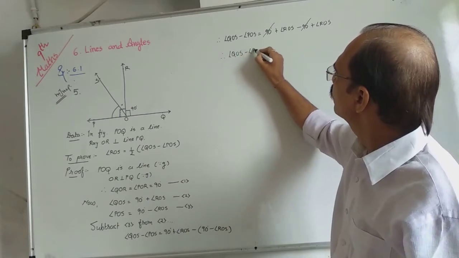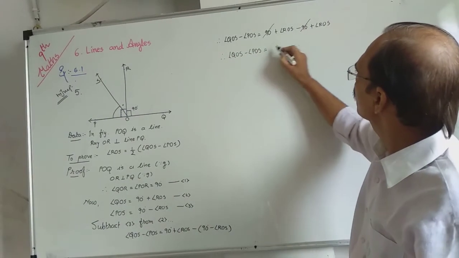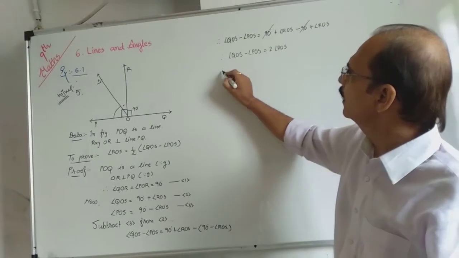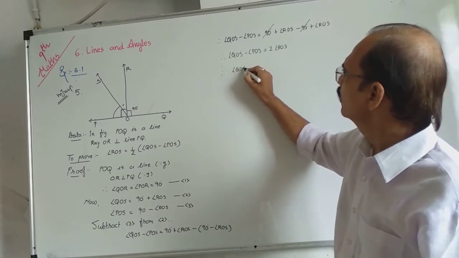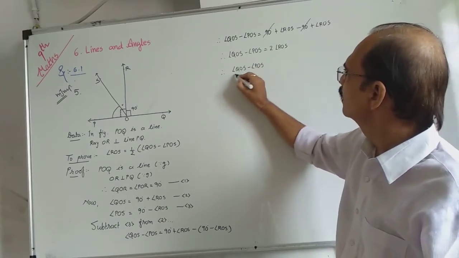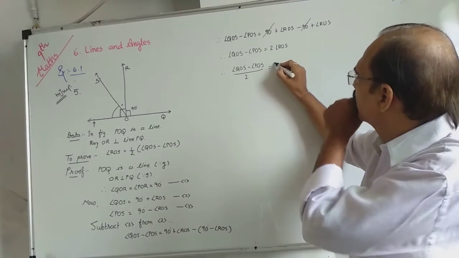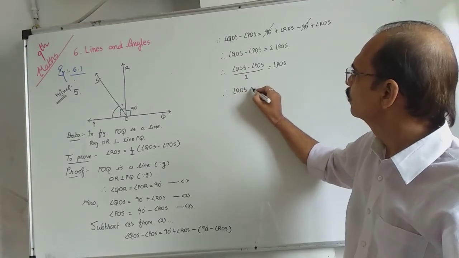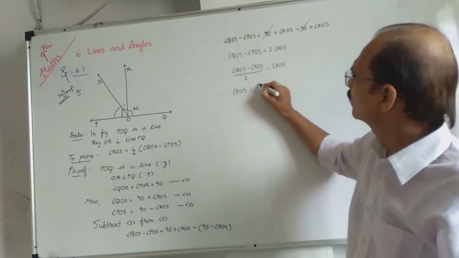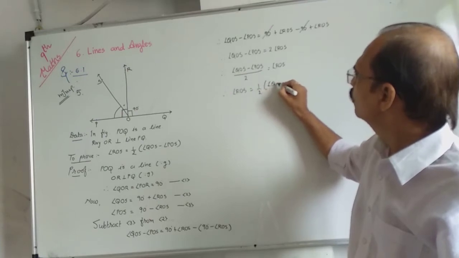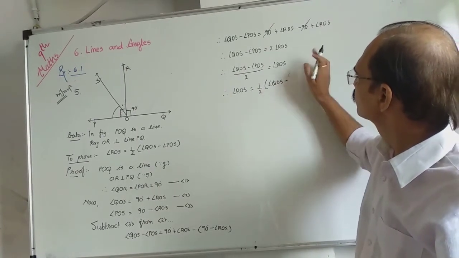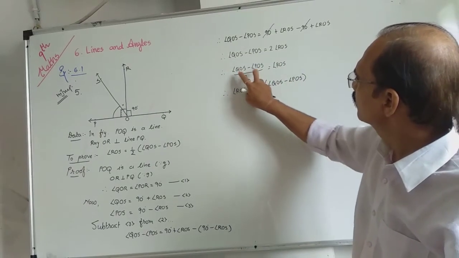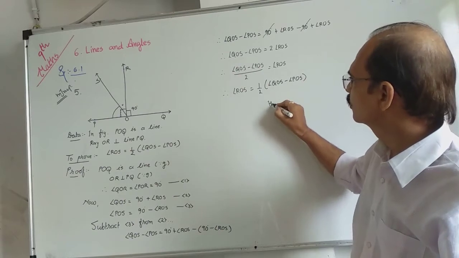QOS minus POS equals to ROS plus ROS, that is 2 times angle ROS. 2 is in multiplication, you can take down. So angle ROS equals to half into angle QOS minus angle POS, divided by 2, hence proved.